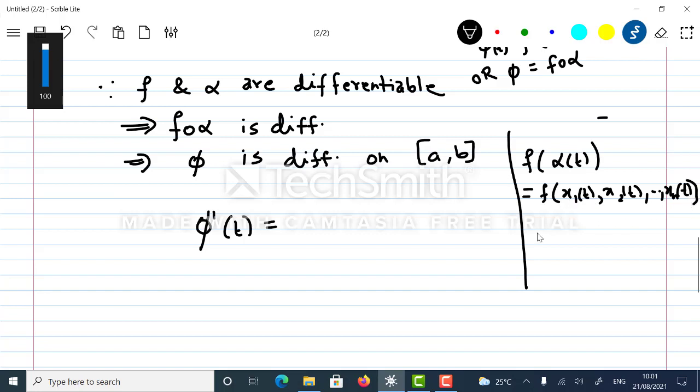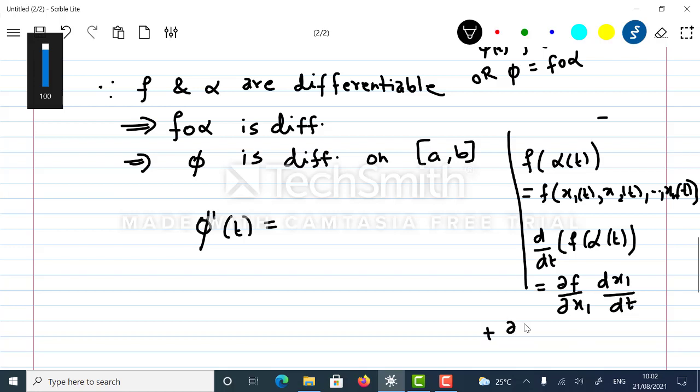If somebody asks me to find the derivative of this, then d by dt of f of alpha t will be dou f upon dou x1 into dx1 by dt, plus dou f upon dou x2 into dx2 by dt, dot dot dot, plus dou f upon dou xn into dxn by dt.